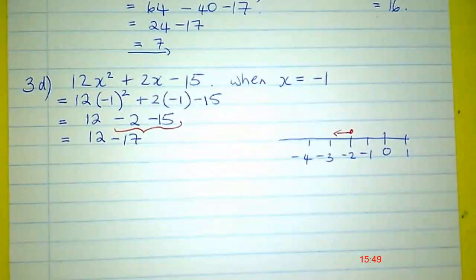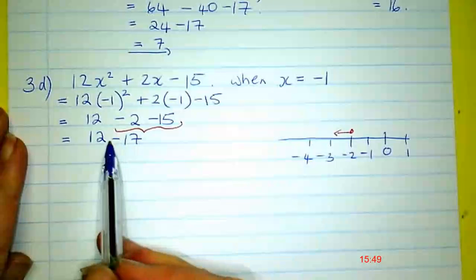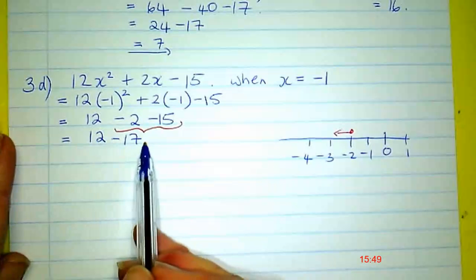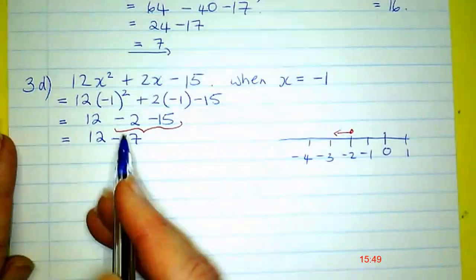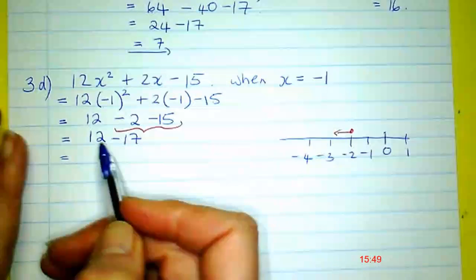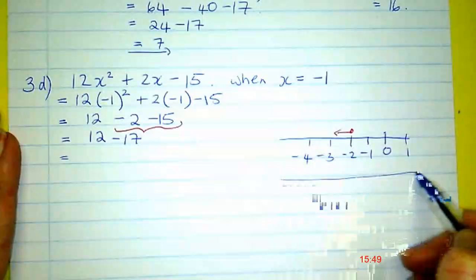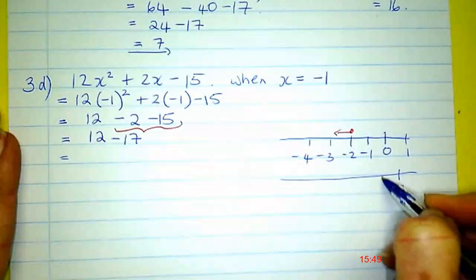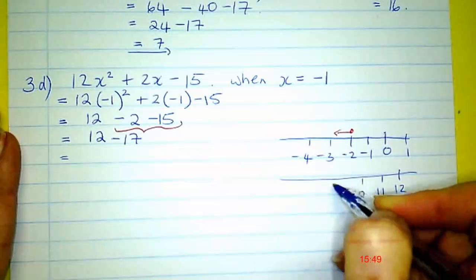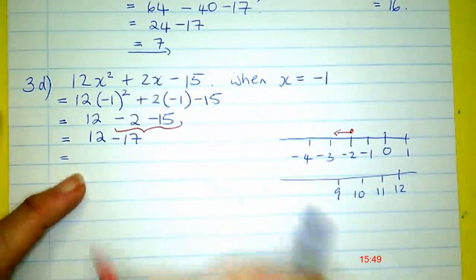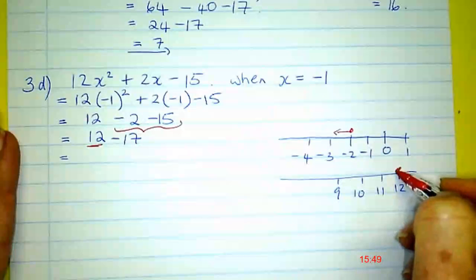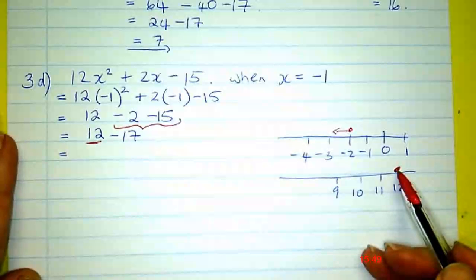And so now it's maybe easier to see. Okay, I've got minus 17 and a plus 12. So again, what is this question saying? I'm starting way here at number 12, then 11, then 10, 9, etc. So I'm starting here at 12. Now I'm going to subtract 17.